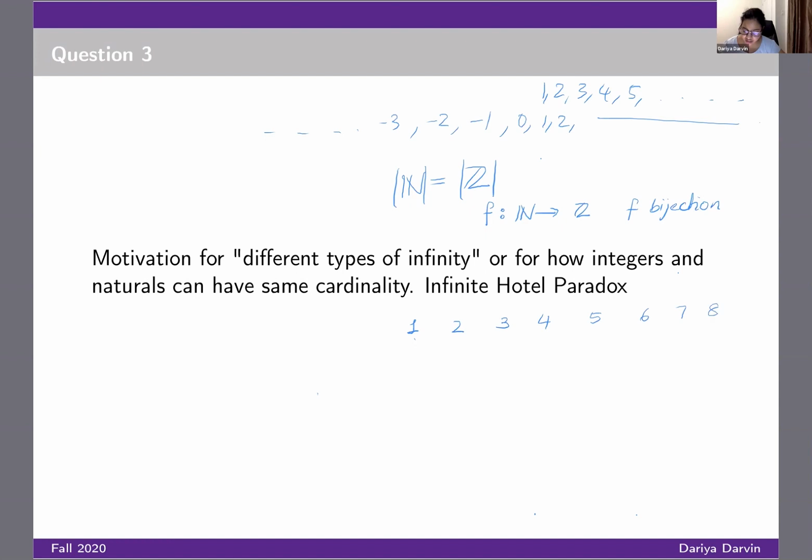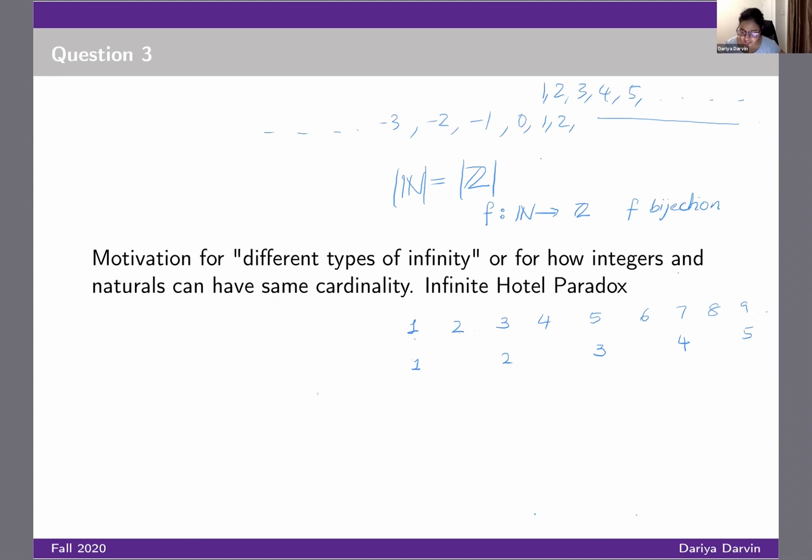So I have the natural numbers, and all I do is take the existing people and send them. I'll send 1 to 1. I'll send 2 to twice of that. So that was a bit more complicated, so I'm going to make it slightly simpler. All I'm going to do is send the odd natural numbers to the natural numbers. So 9 goes to 5 and so on.